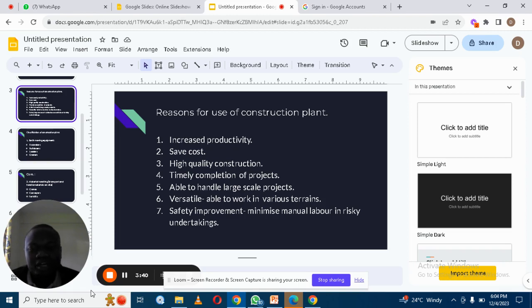So if you want to handle a large project, construction plant is the way to go because it will reduce the time that the project should run. It will save on cost as well.